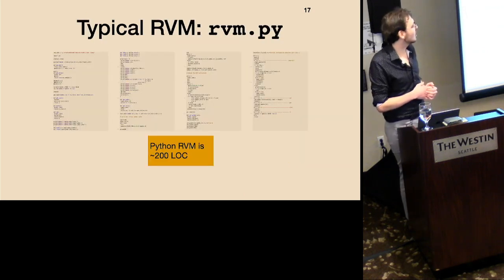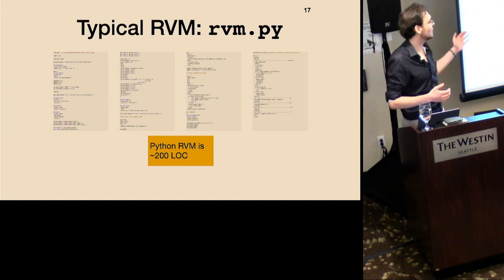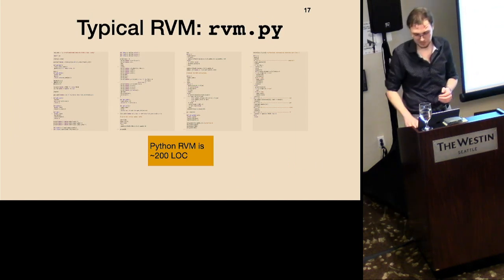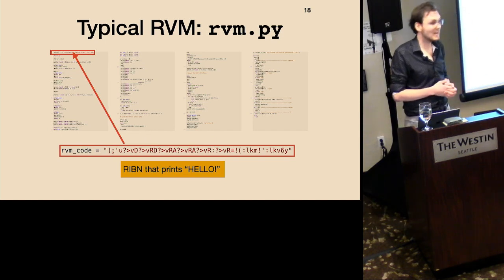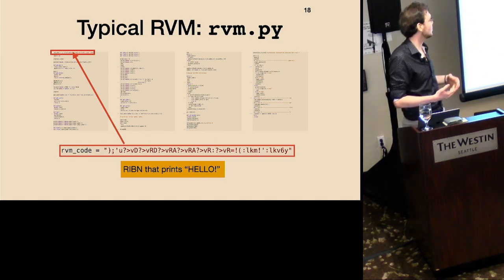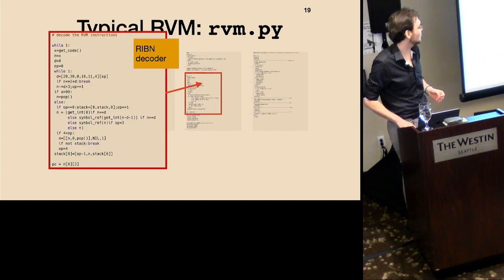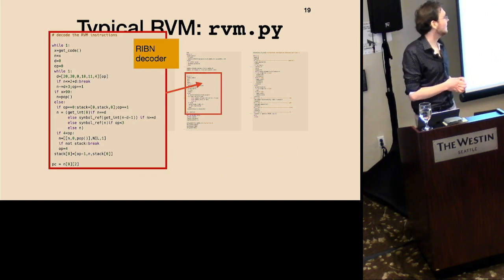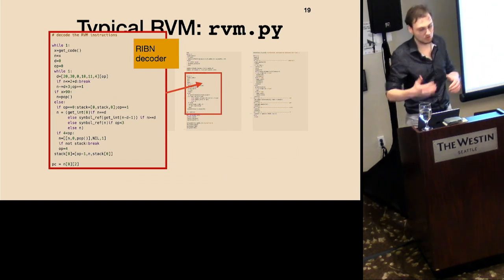Now let's look at how a typical RVM looks. Here we have the RVM in Python. First we have a section that embeds the ribbon. So here's the section where we input the ribbon. We also have a section that decodes the ribbon, so it's going to transform this ribbon into the code graph.